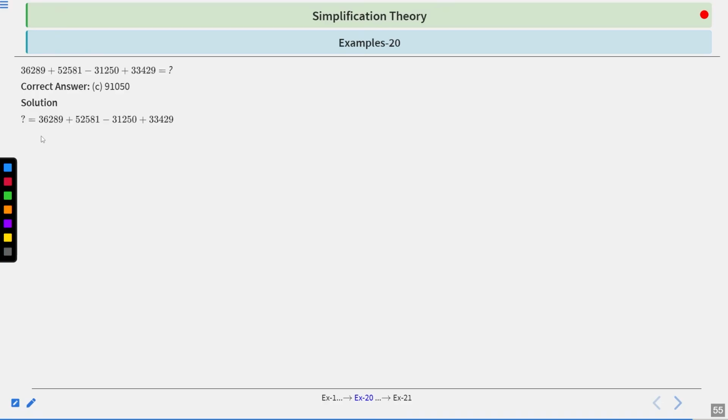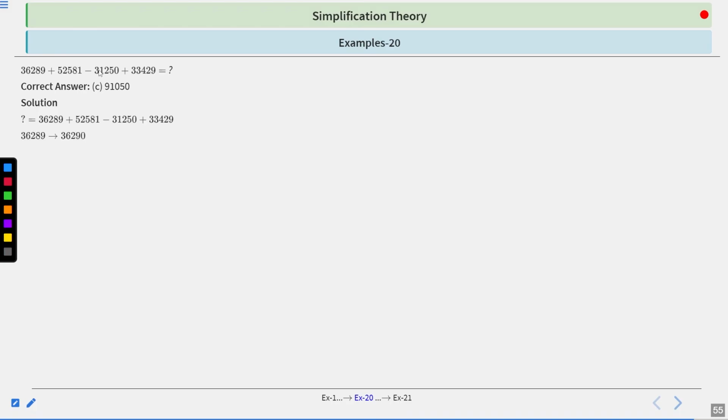So we can add all the positive numbers and subtract the negative number. First number is 36,289, second number is 52,581 and third one is 33,429. All three are positive numbers and the negative number is only one, which is 31,250.